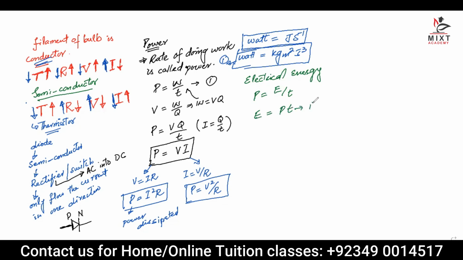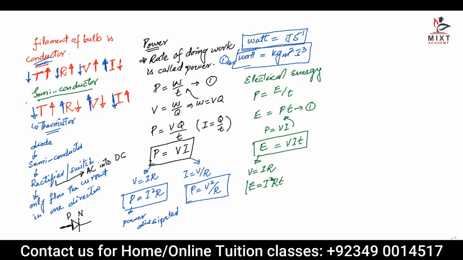We know that P is equal to VI. So if we put it here, energy comes out to be VIT. Again, if you put Ohm's law, V is equal to IR, the energy formula will come out to be I square RT.